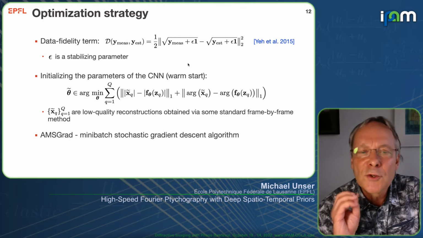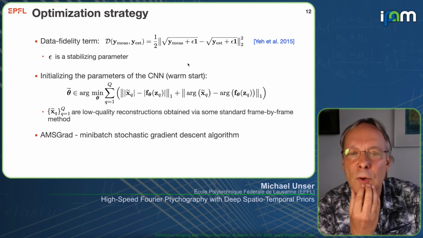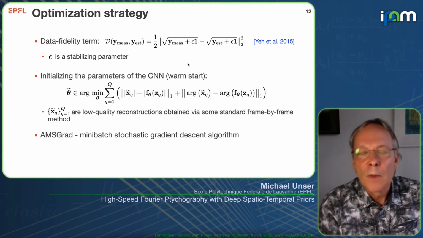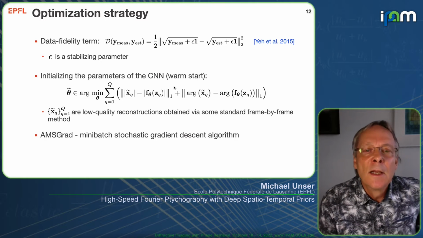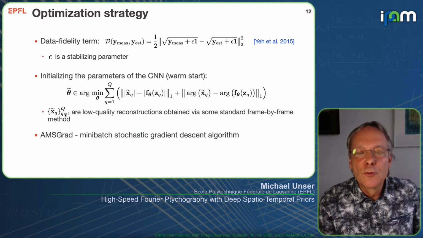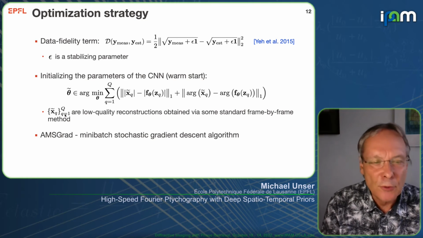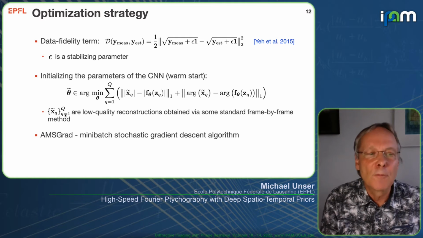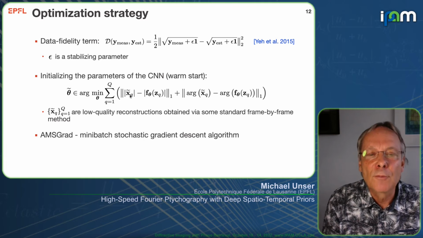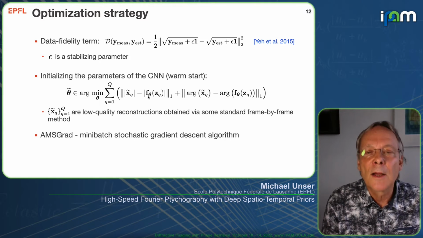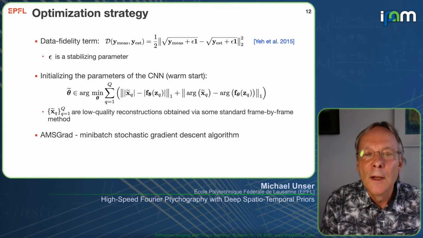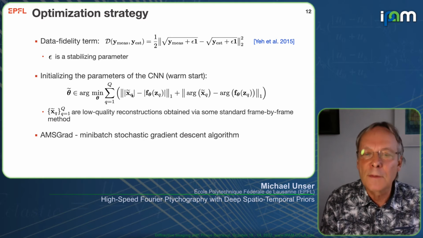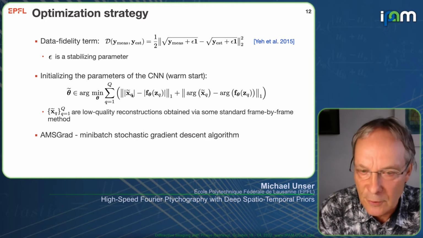Then it is super important to initialize your neural network well, and we call this warm start. To that end, we reconstruct a low-quality reconstruction using a standard frame-by-frame method, and that would be this reconstruction. Then to initialize the neural network, we train it so that it can fit this not-so-good reconstruction.